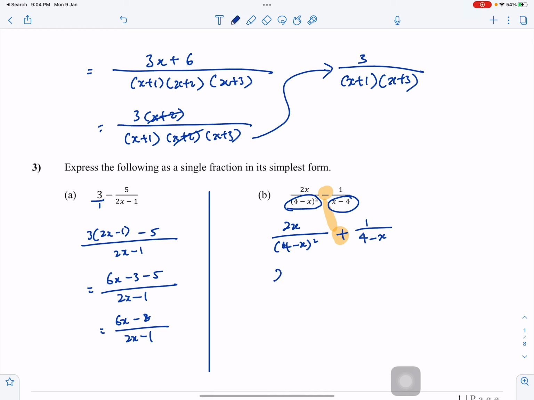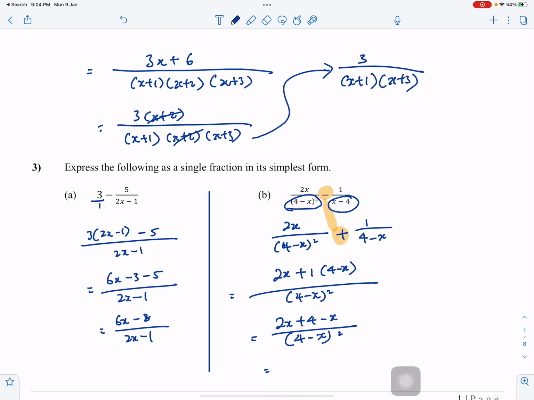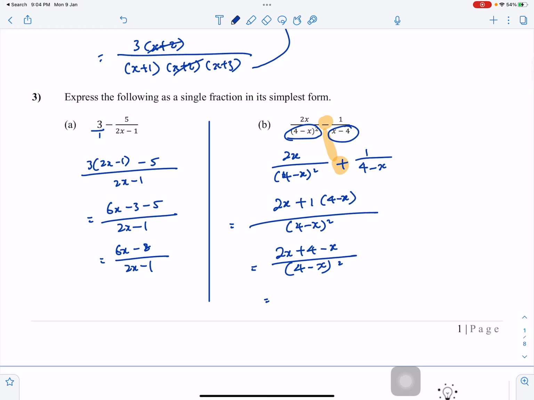So therefore the answer is this. And there you go, you get x plus 4 over 4 minus x squared.